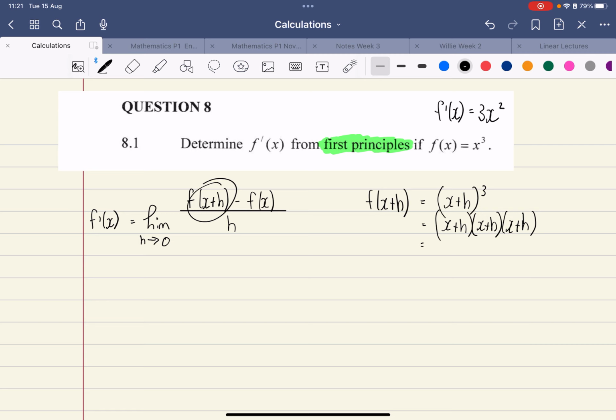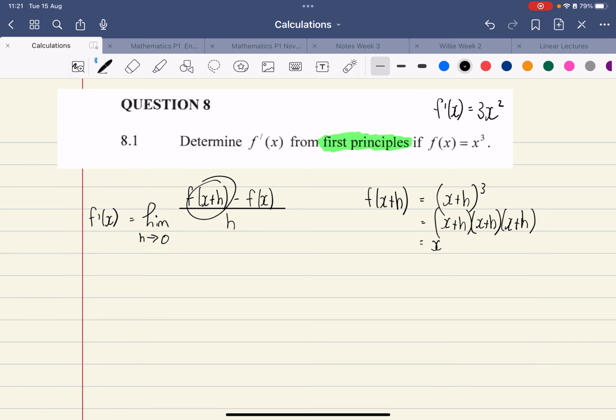Alright, now we're just going to do some algebra. So that'll be x squared plus 2xh plus h squared.